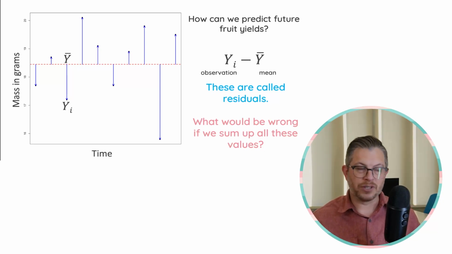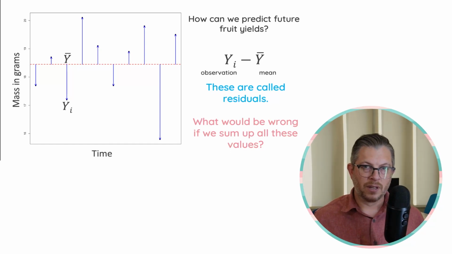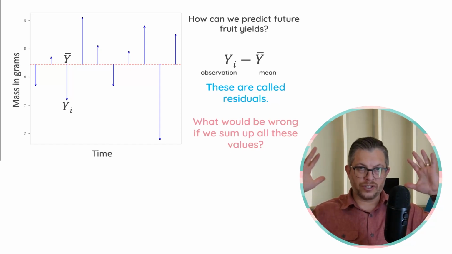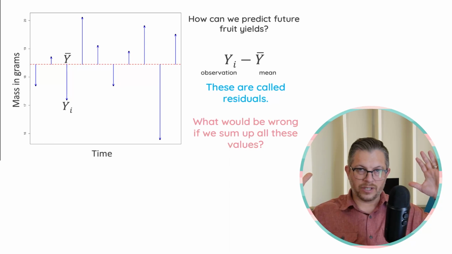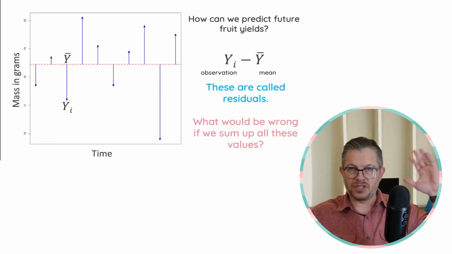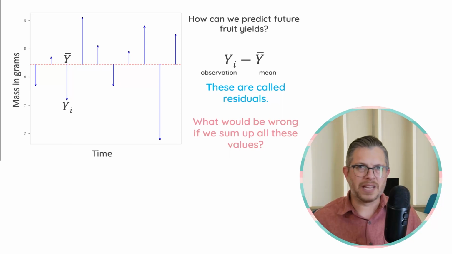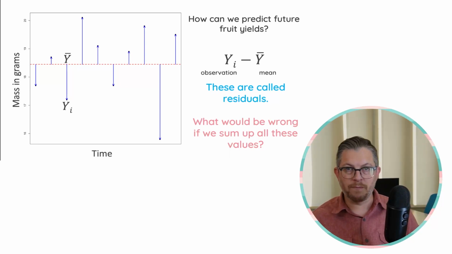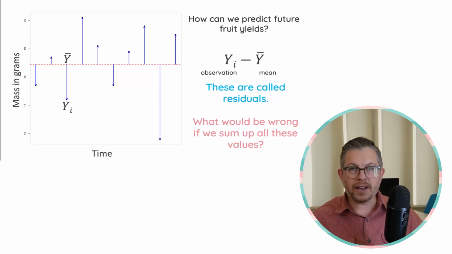If we're adding a bunch of positive and negative numbers, they're just going to end up canceling out. So even if we have a large spread, a ton of variation, if there's the same amount of spread on one side and another, and we just sum the residuals, we end up getting an amount of variation of 0, which is not very informative or accurate to what we're seeing.